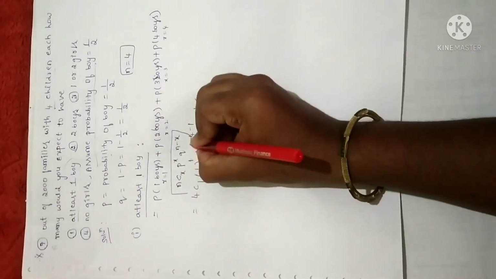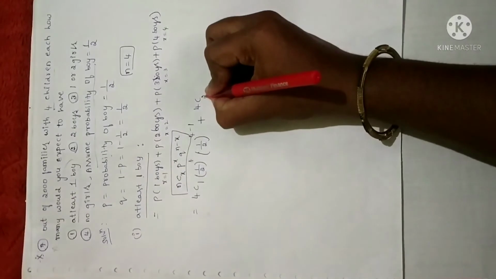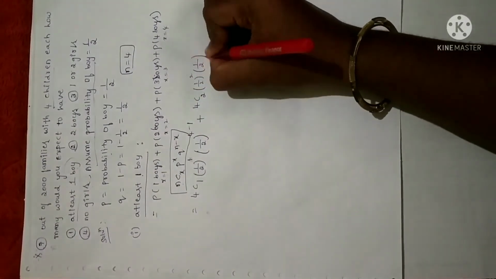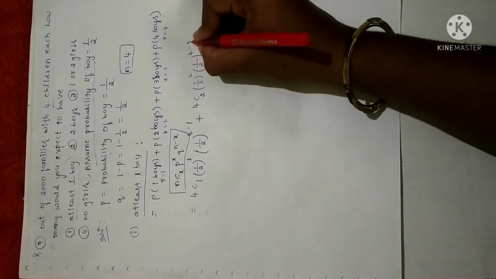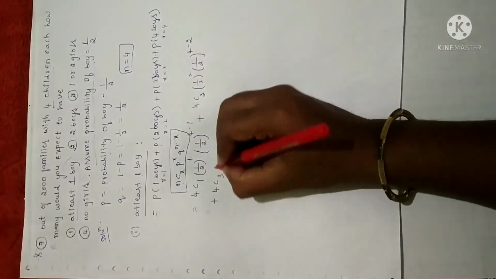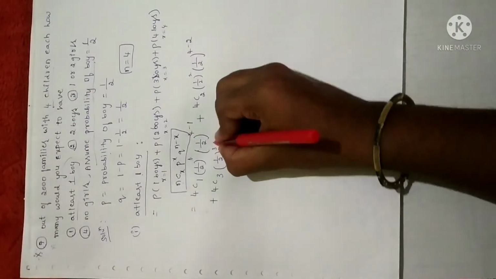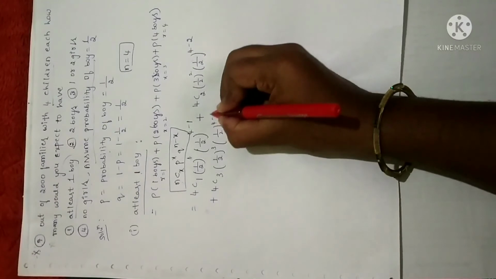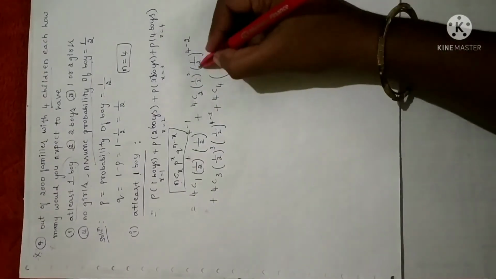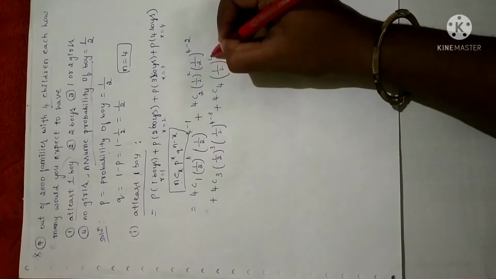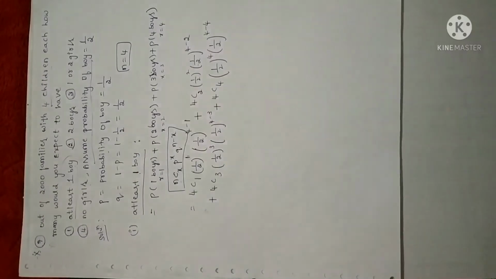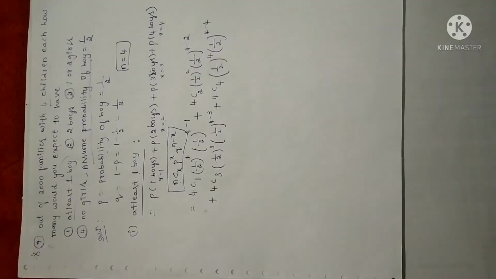This is the formula I am substituting in it. 4C2, p is 1 by 2, x value is 2, q is 1 by 2, n is 4 minus 2, plus 4C x value is 3, 1 by 2 cube, 1 by 2 power 4 minus 3, plus 4C4, why? Because x value is 4, p is 1 by 2 power 4 into q is 1 by 2 power 4 minus 4. Clear? As usual substitution.